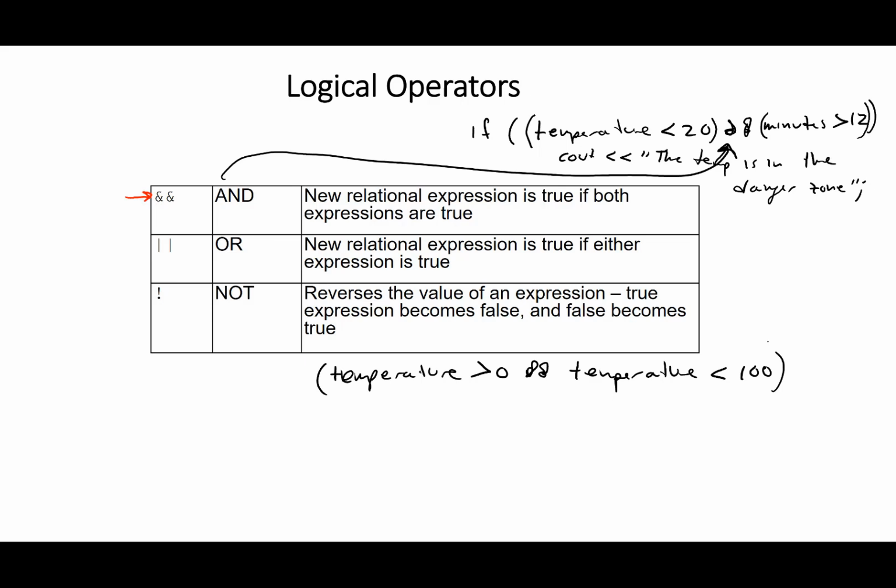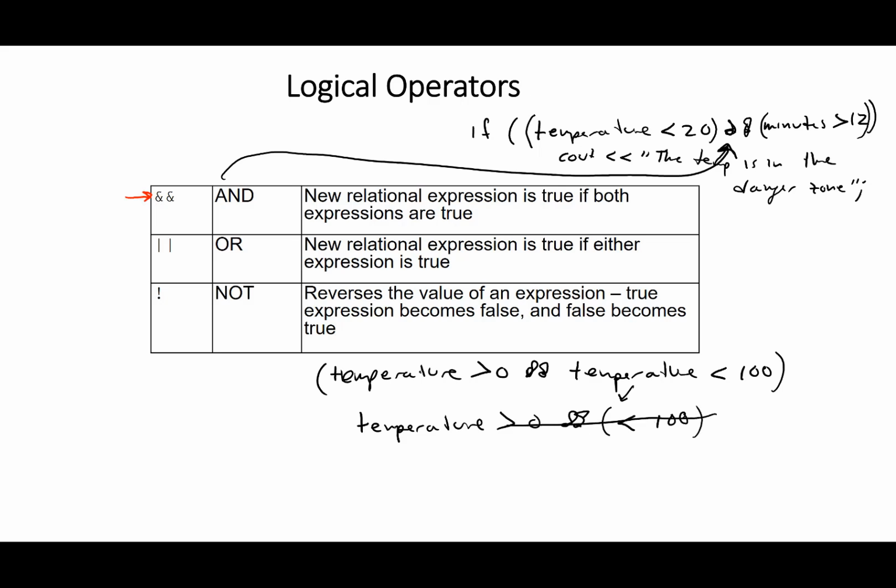When you have a statement like this, it might be tempting to say something like temperature greater than 0 and less than 100. This isn't going to work because the statement doesn't know what it's doing here. So you need to include the temperature in both of your relational comparisons.